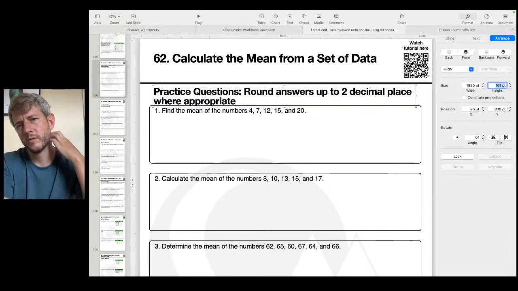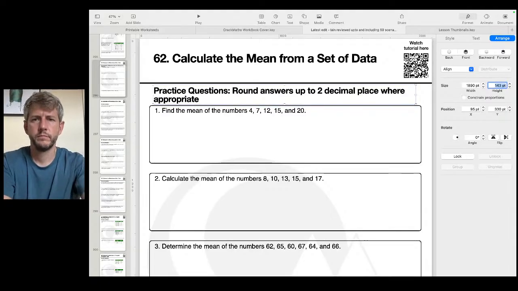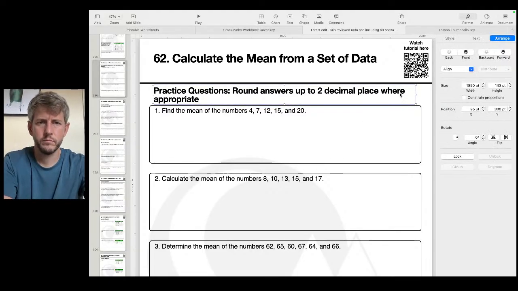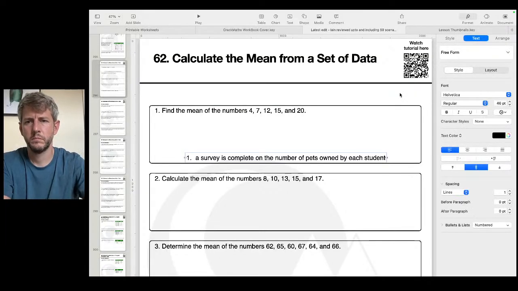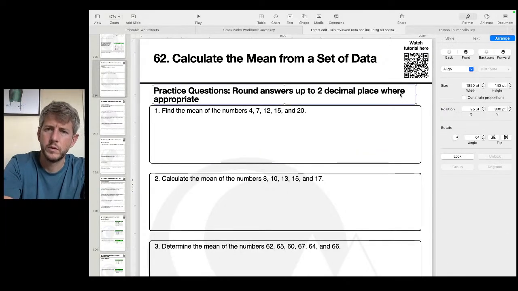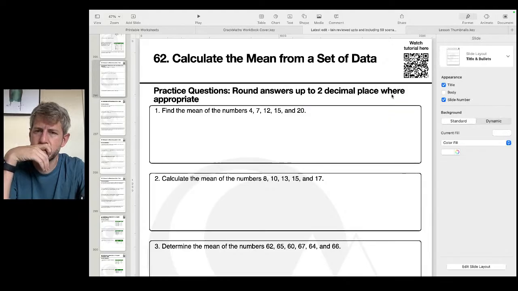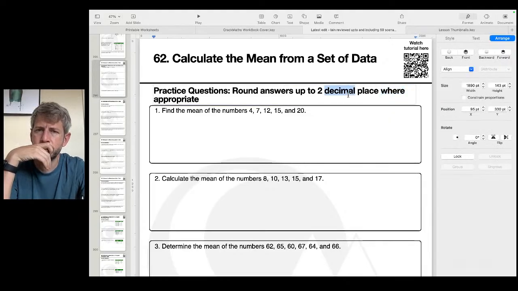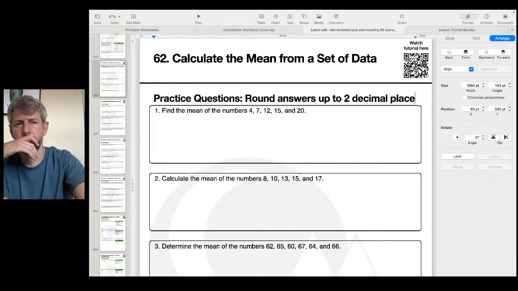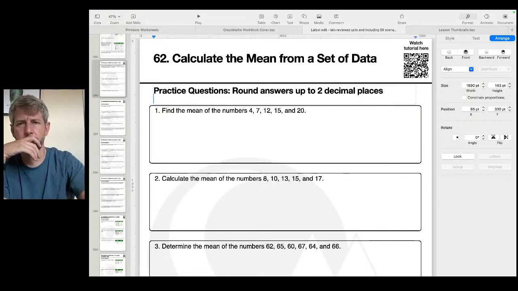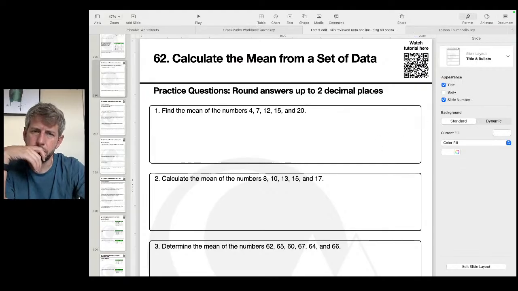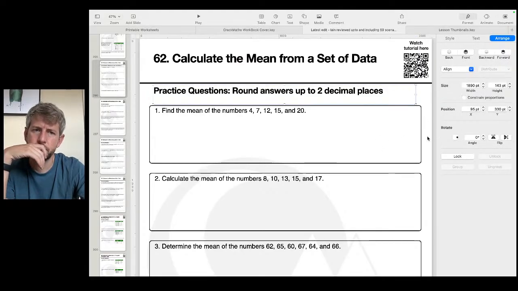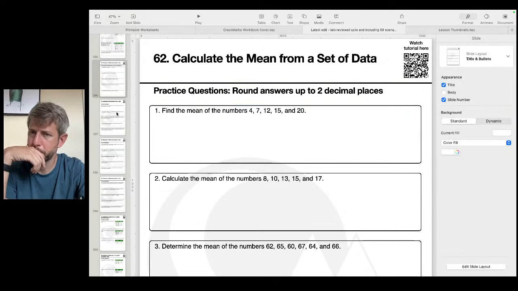No, that's not right. Oh dear. Okay, I think that's fine. No, that's a very different size, isn't it?